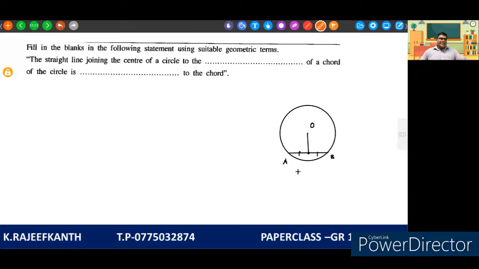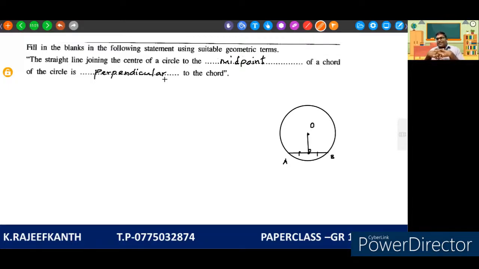So by using this theorem, we have to fill the blanks. The straight line joining the center of the circle to the midpoint of a chord is perpendicular to the chord.